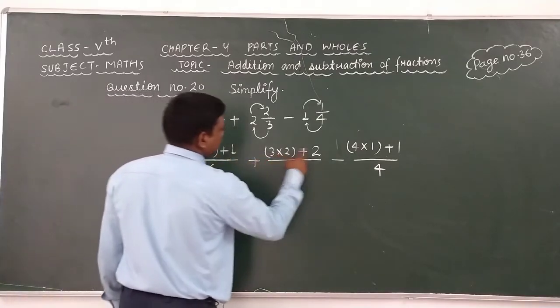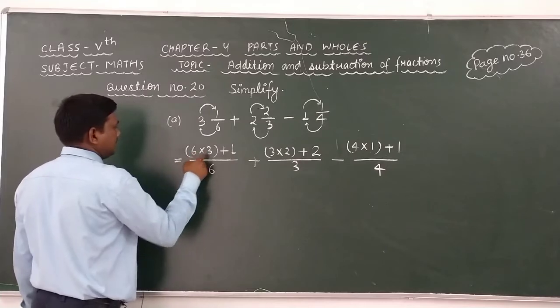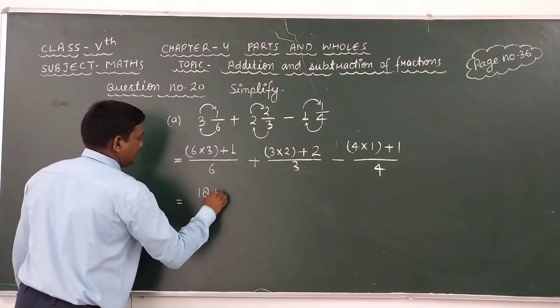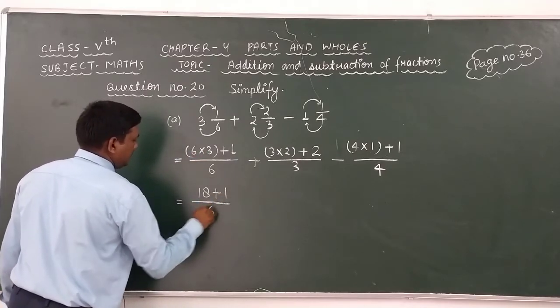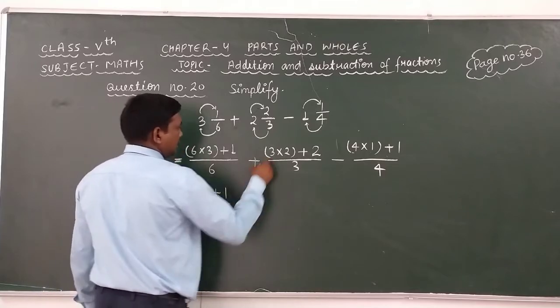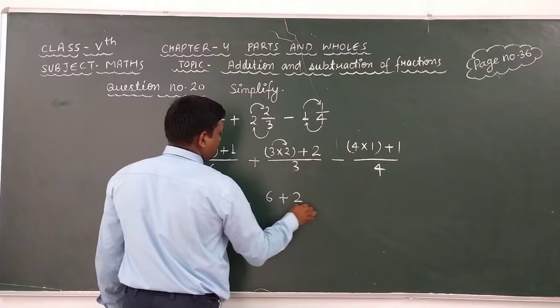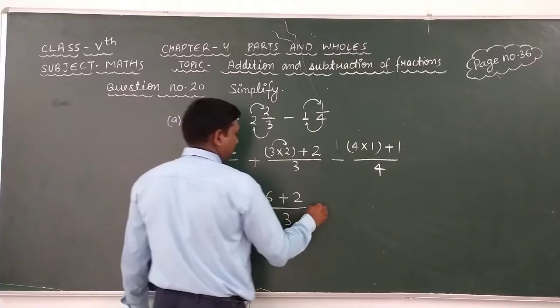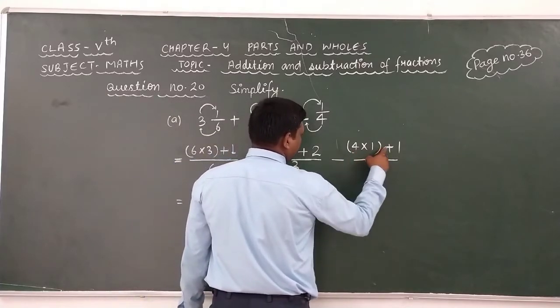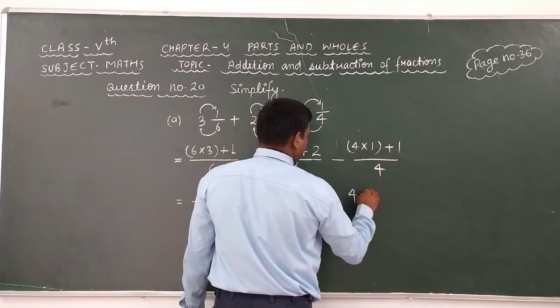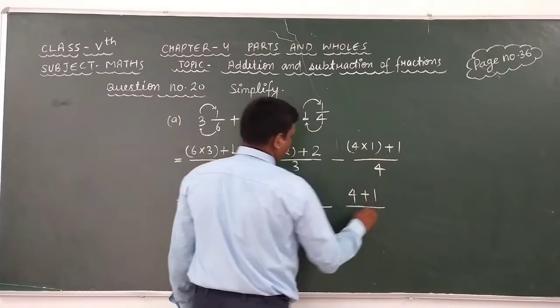After multiplying these we get 6 3 is 18 plus 1 over 6 plus 3 2 is 6 plus 2 over 3 minus 4 1 is 4 plus 1 over 4.